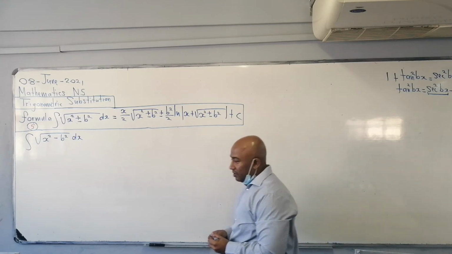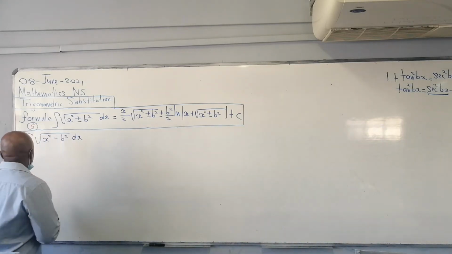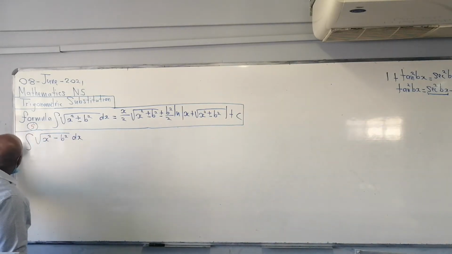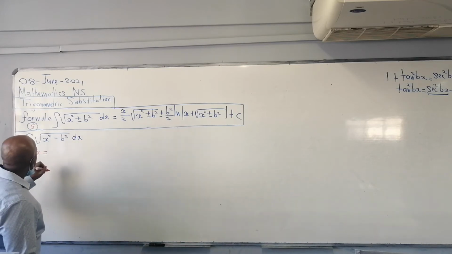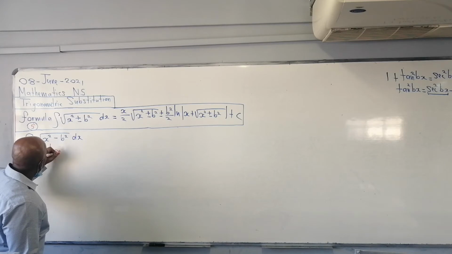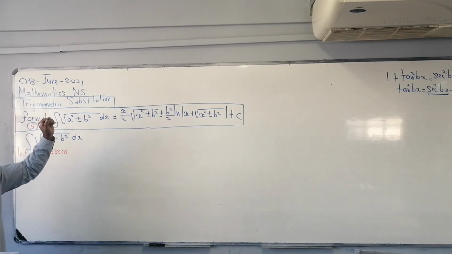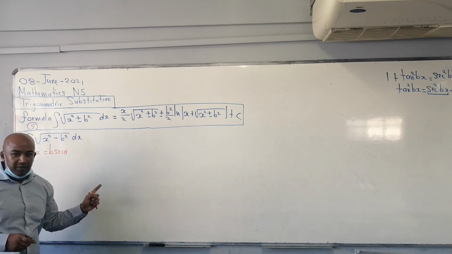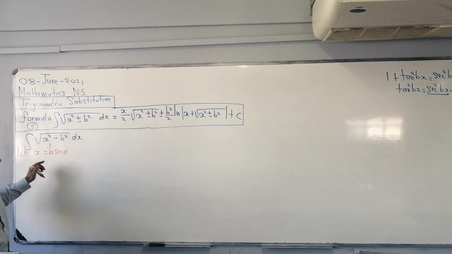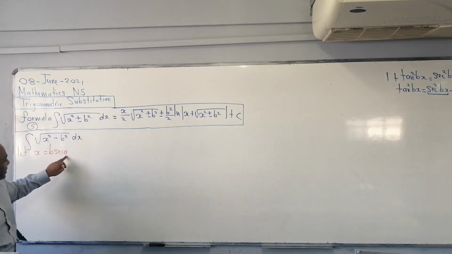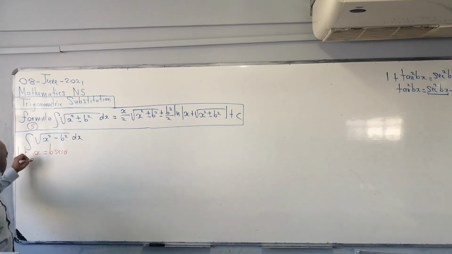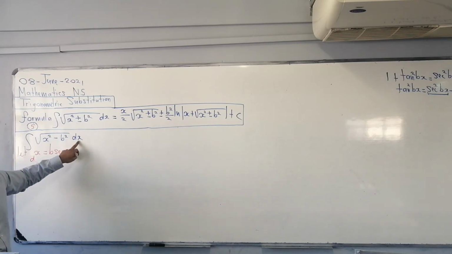Okay, so what I'm going to do here is I'm going to let x equal to b sec theta. You know I have to include the b, otherwise I won't have b squared there. I won't be able to take out a common factor. Right, so if x is equal to b sec theta, then I also need to make dx the subject, get dx in terms of theta.